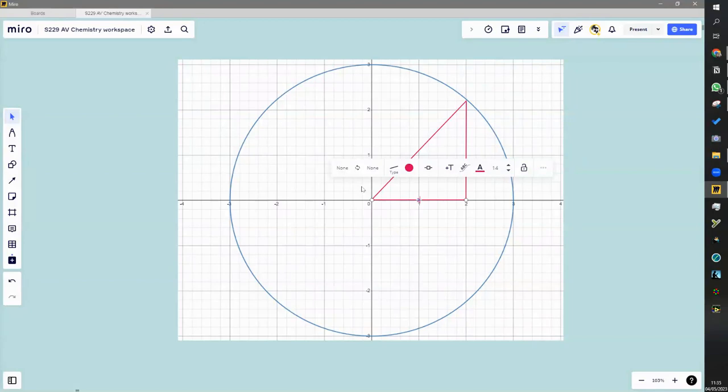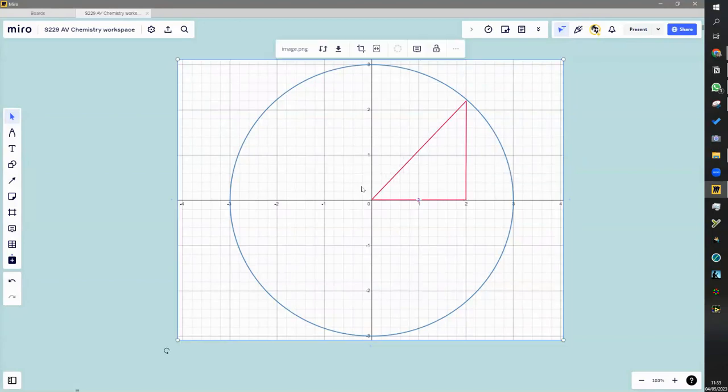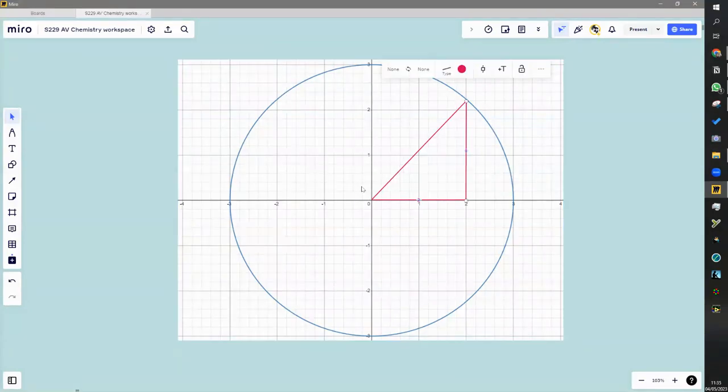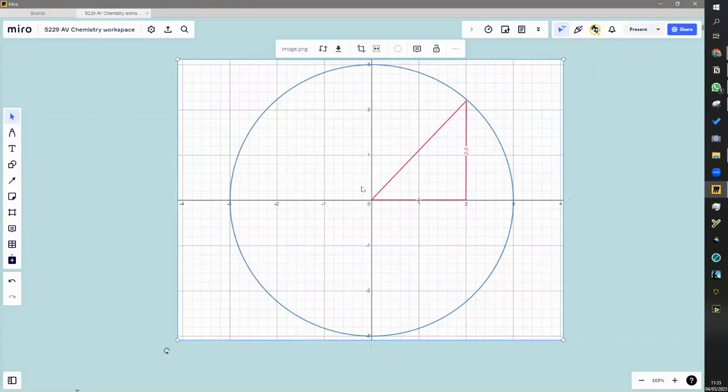We'll just say 2 divisions. And the length of this height we can see is 2.2. There are 5 divisions between each number, so this is roughly 2.2.